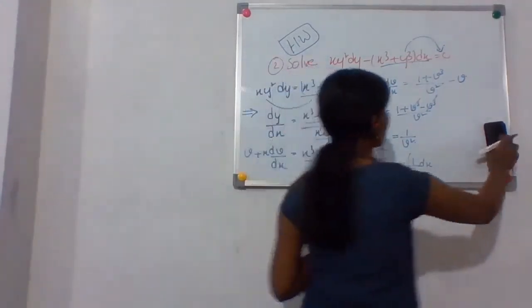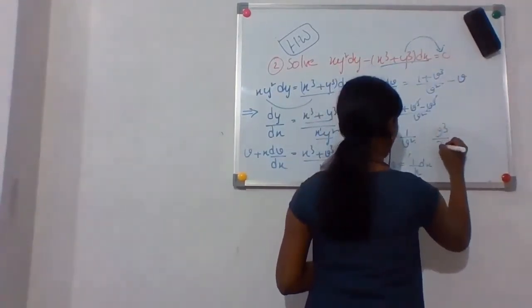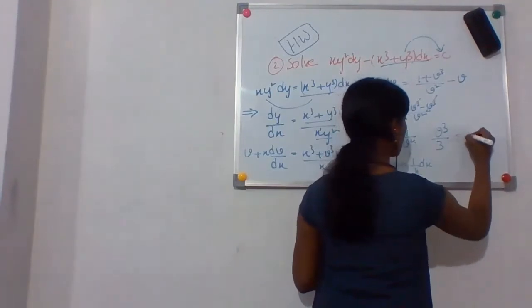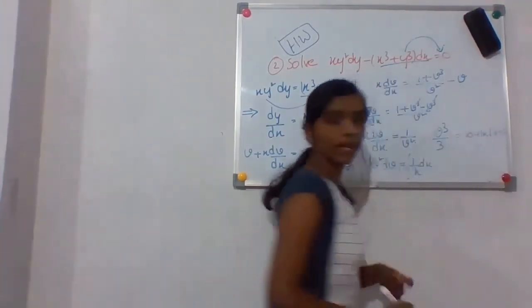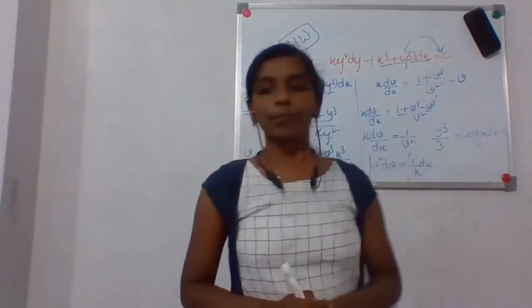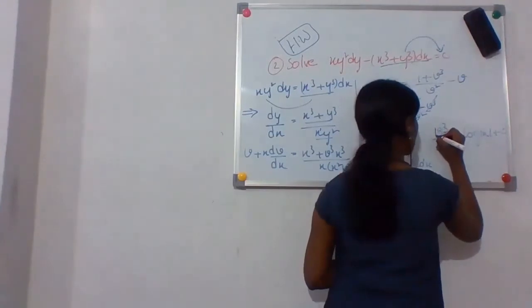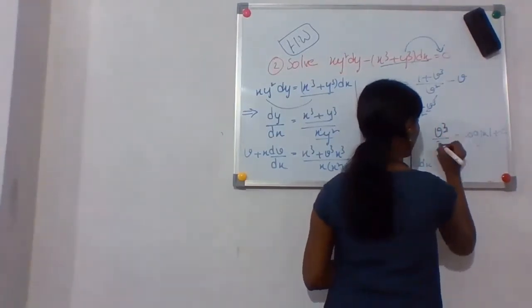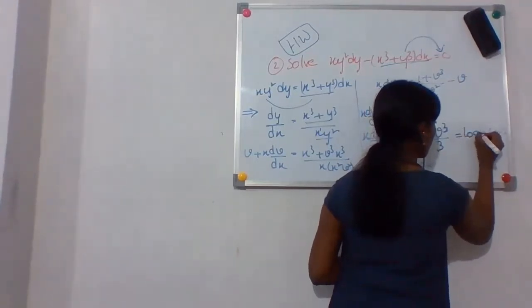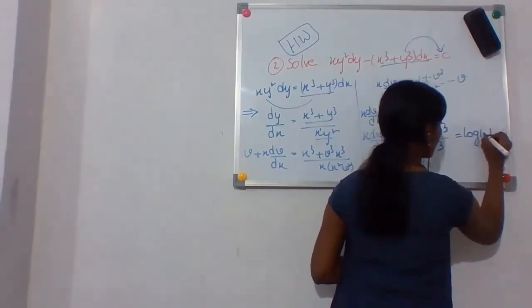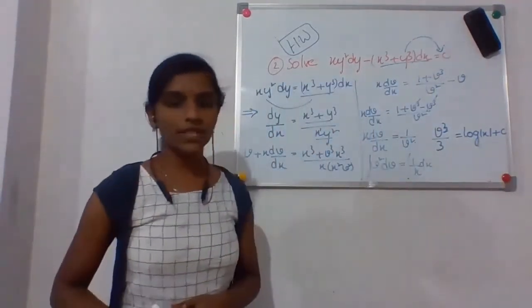The answer would be v cube by 3 is equals to log mod x plus c. Okay. So that is a very simple calculation. Okay, you can't see, right? I will write it much darker. v cube by 3 is equals to log mod x plus c. Now is it visible clearly? Okay.